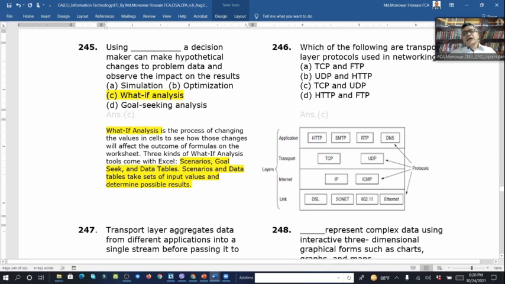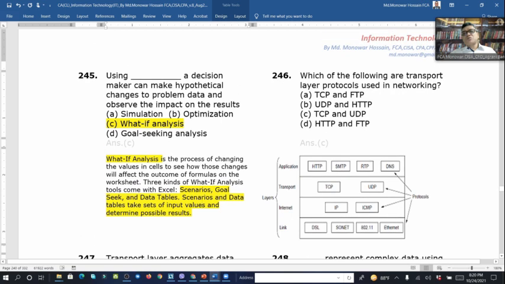So here the answer is TCP and UDP. Look here, TCP is a transport layer protocol. So the transport layer protocols here are TCP and UDP. So here the answer is C.